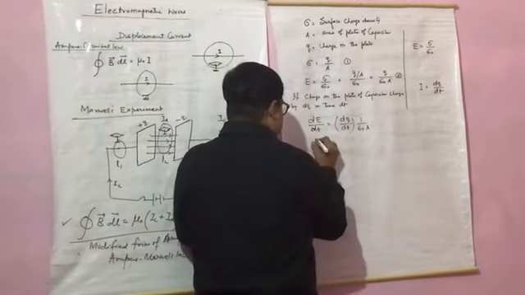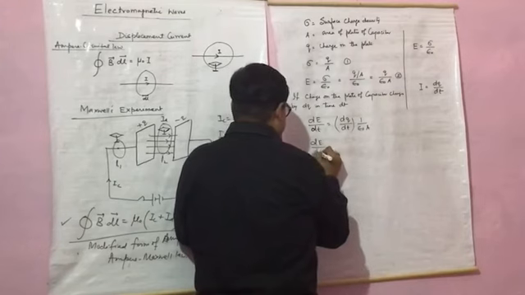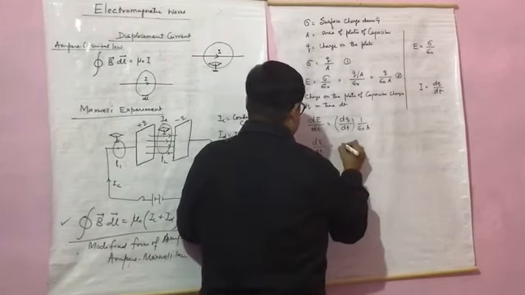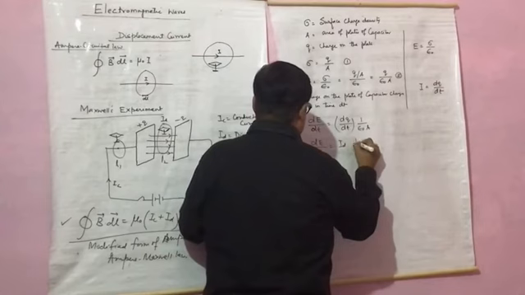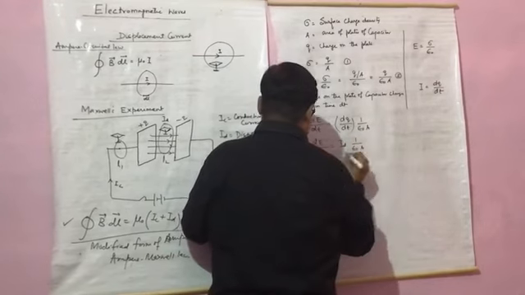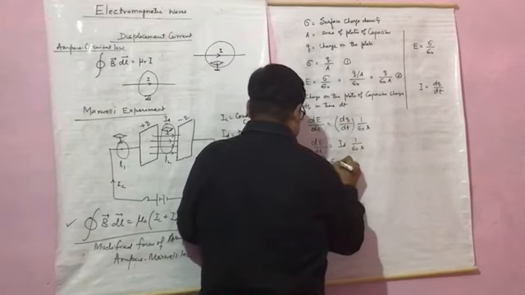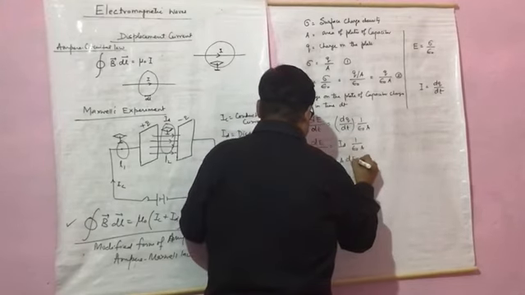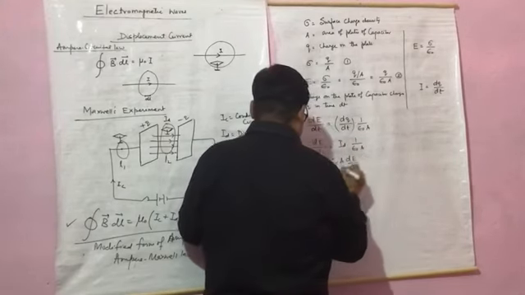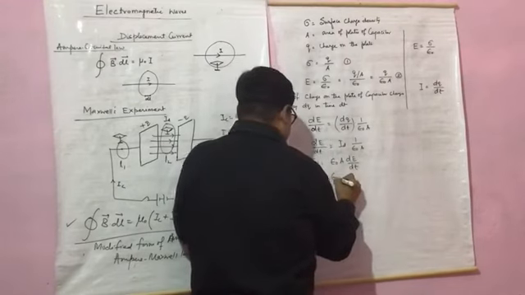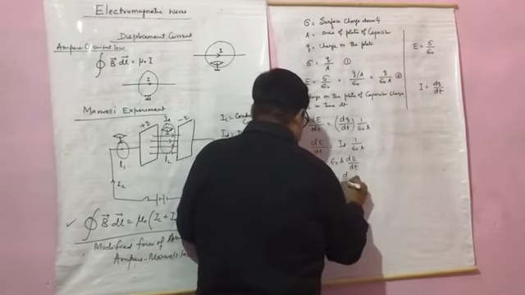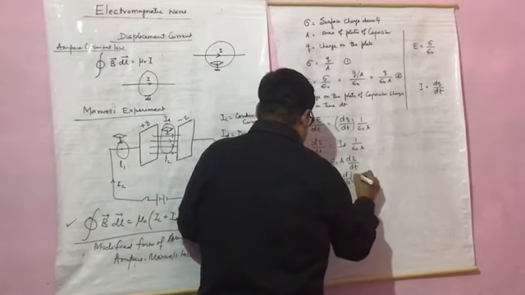So we can write dE by dt as displacement current ID into 1 upon epsilon naught A, or ID can be written as epsilon naught A dE by dt.